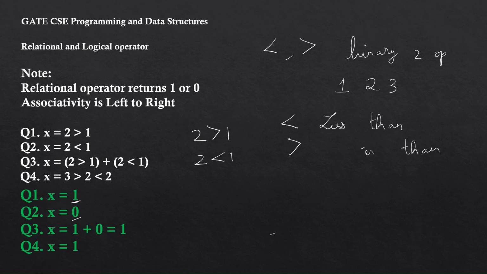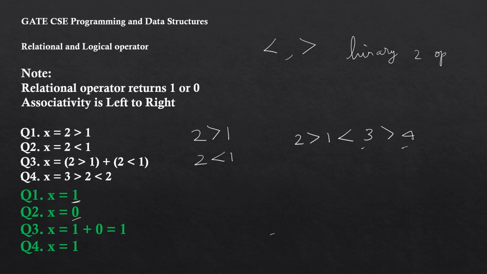Now, what does this exactly mean? Suppose you have a lot of numbers, 2 greater than 1, 1 less than 3, 4. How does the computer know which way to evaluate, this way, left to right, or this way, right to left?